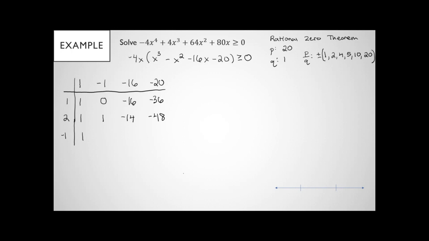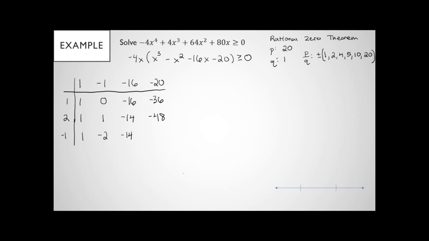So I'm going to plug -1 in and do my synthetic division. So -1 times 1 is -1 minus 1. We get -2. -1 times -2 is 2 minus 16. Let me double check my math here. -1 minus 1, yep, 2 minus 16, that gives us -14.